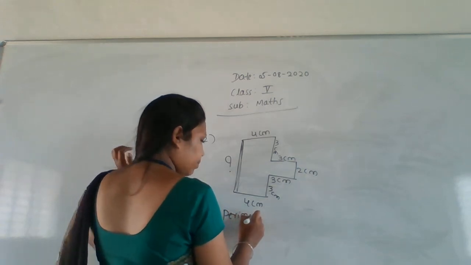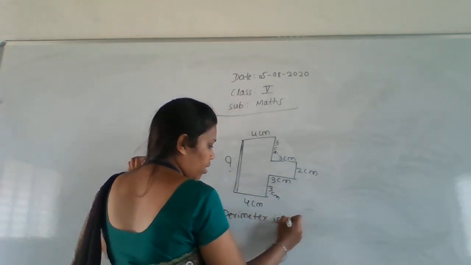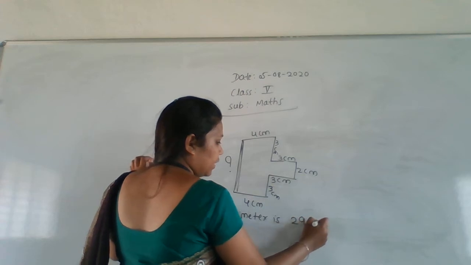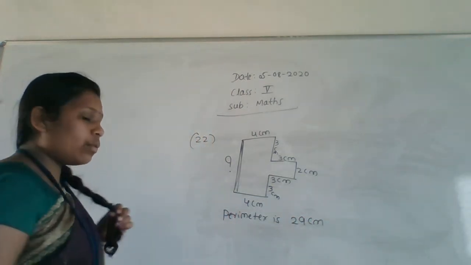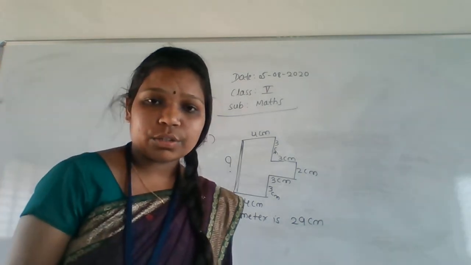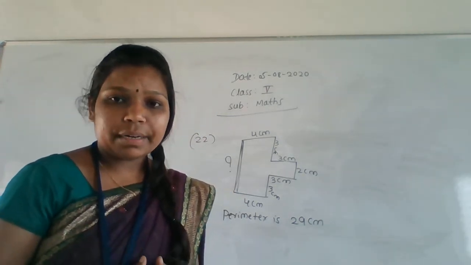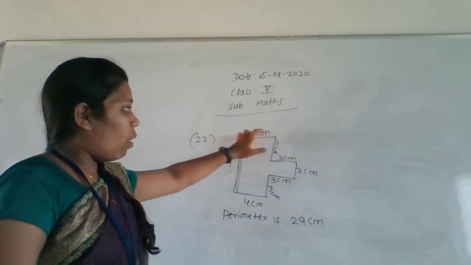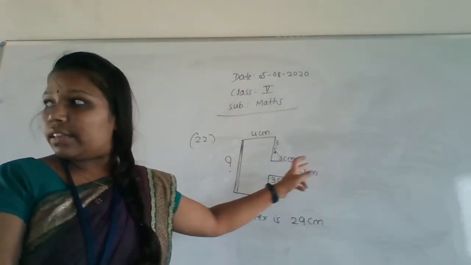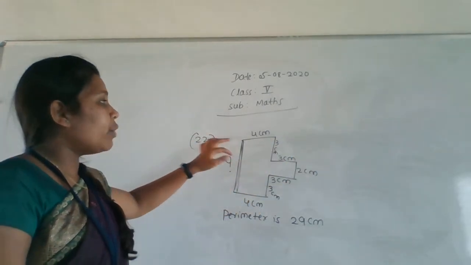Perimeter is 29 centimeter. Okay. Perimeter is 29 means, what is the meaning of perimeter actually? What is the meaning of perimeter? Perimeter is nothing but what? It is adding all the sides here. Whatever the sides are there, you have to add.